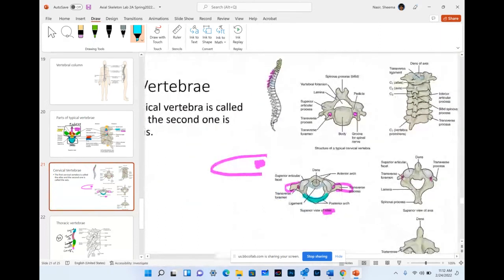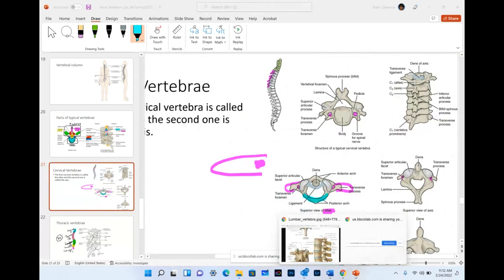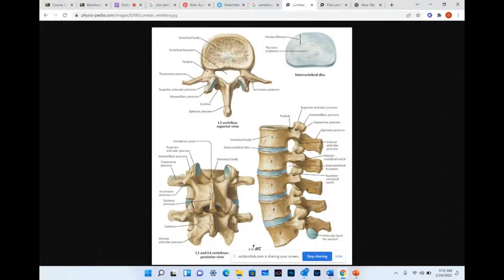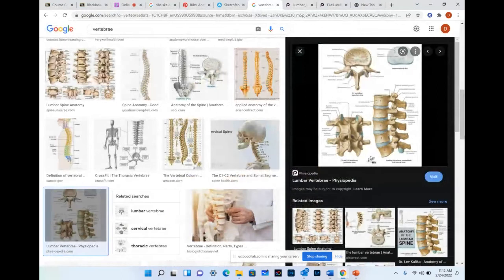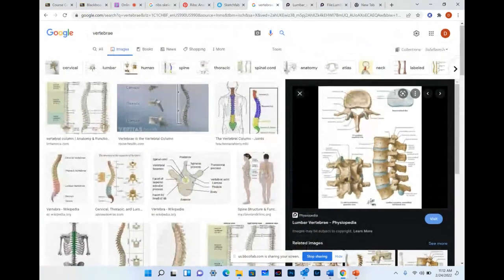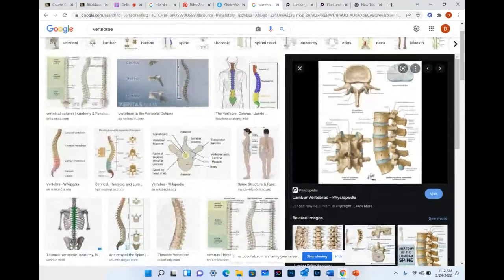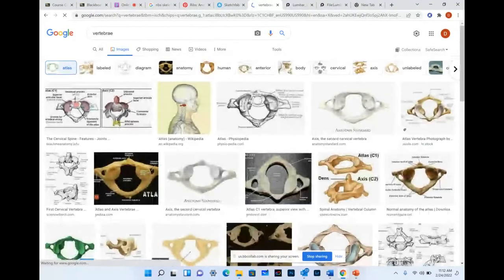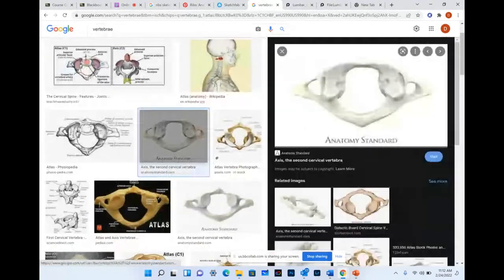And what is facet for dens? And here is your atlas.